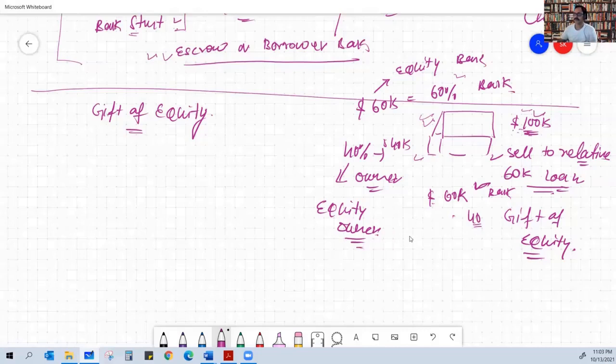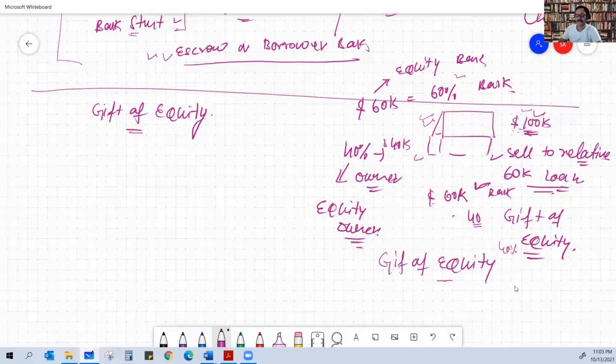In this case, whoever the seller is, a gift of equity letter needs to be given in favor of the buyer, saying: I am the seller, I am the owner of this property, and this is the 40% equity that I am going to give to my relative, whoever the buyer is.